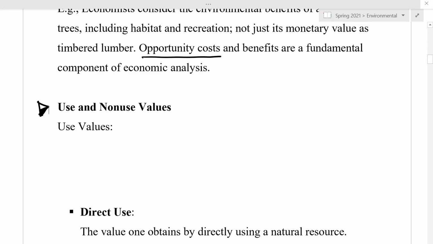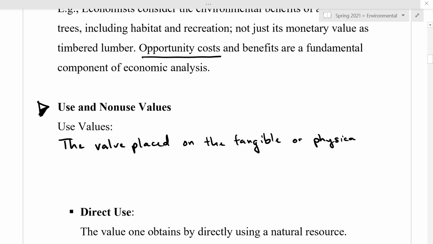Let's write it all down: the value placed on the tangible or physical benefits of a good or service, including direct and indirect use.